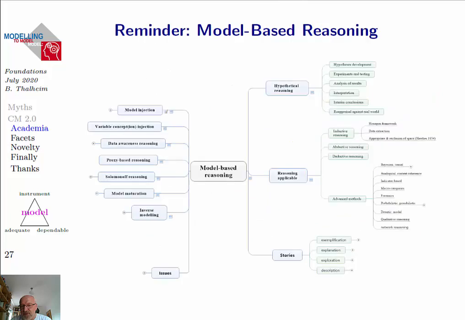Okay, and in this case we can now also apply our model-based reasoning. As already shown, we have some kind of hypothetical reasoning, some reasoning approaches, especially those that have been developed in logics. We have, of course, a number of stories to consider for this reasoning, and then we have to have maybe specific approaches that have been developed especially for models.